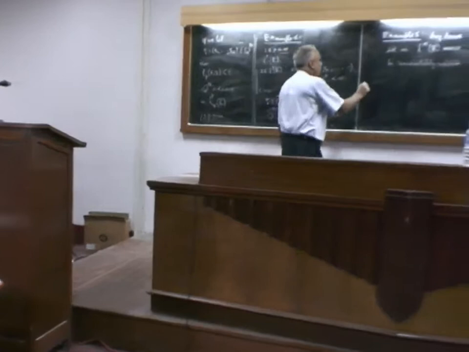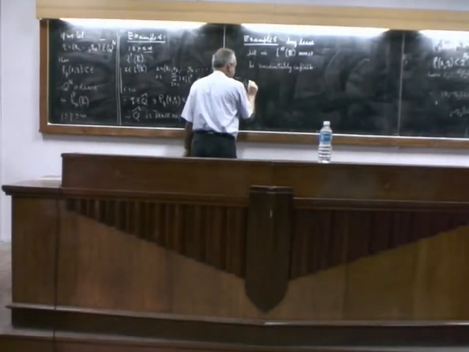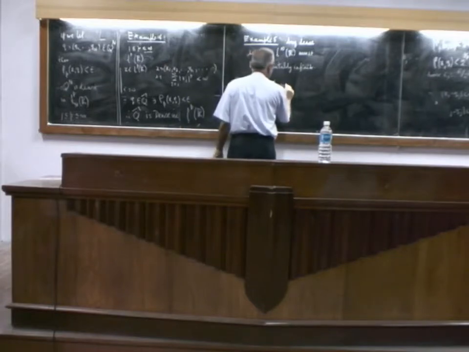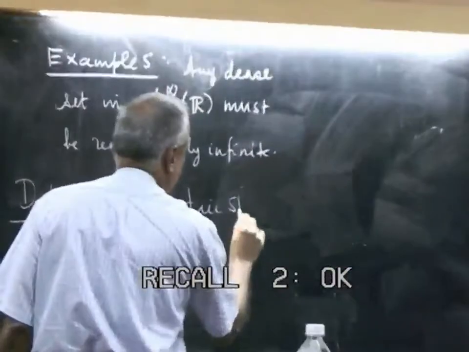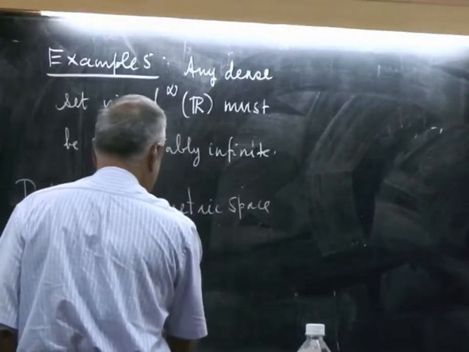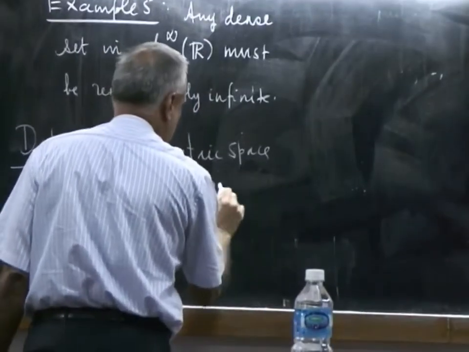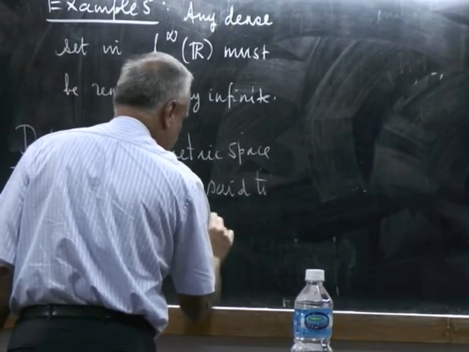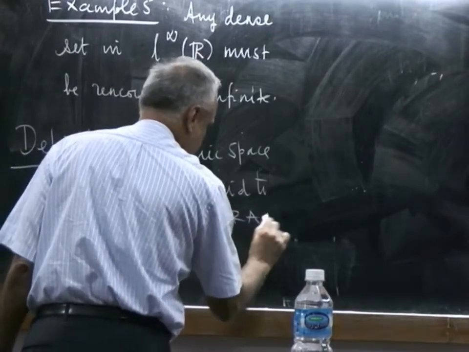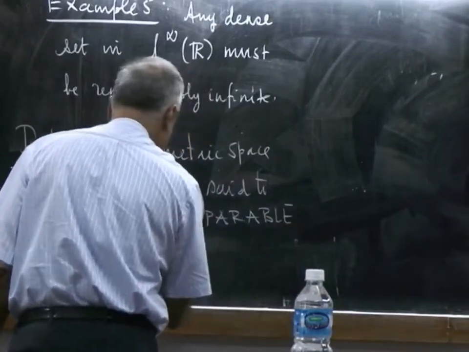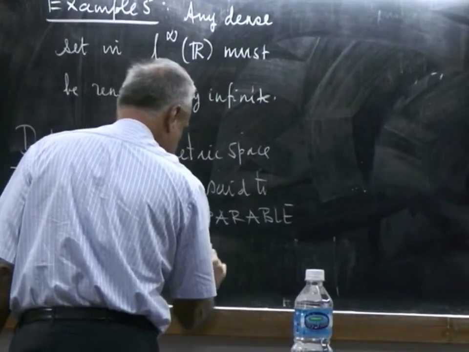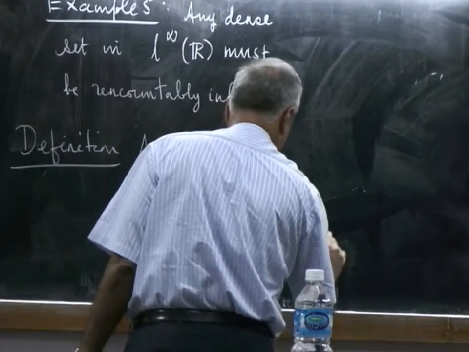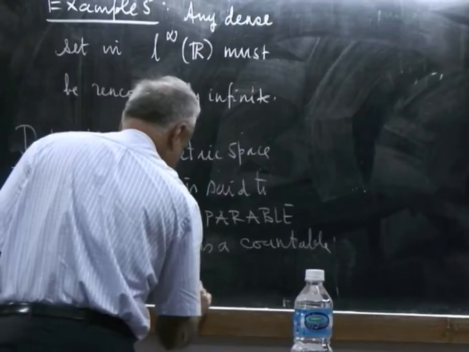So this is why we make this distinction. Definition: a metric space (X, rho) is said to be separable if it has a countable dense subset.